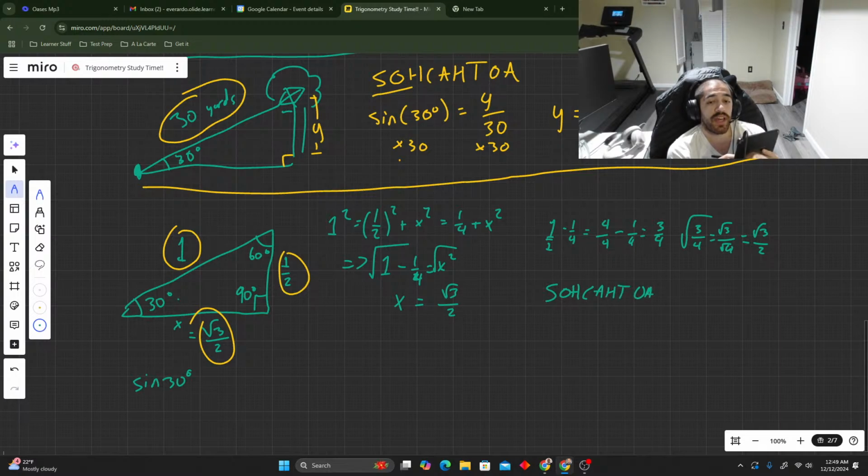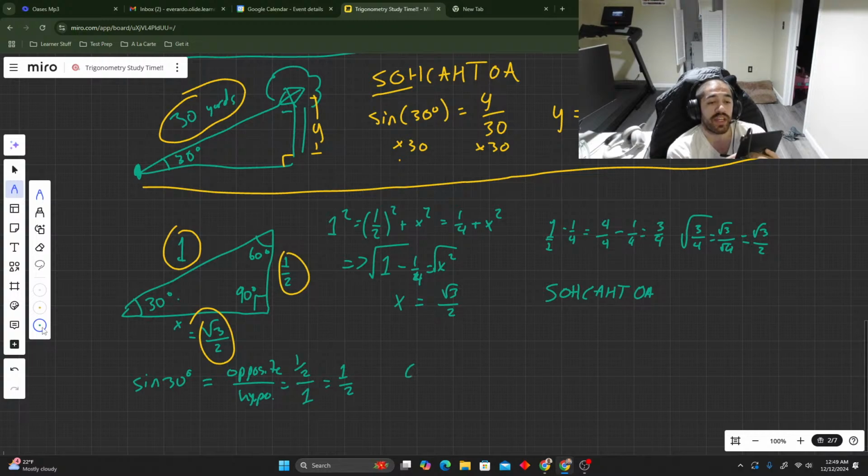SOHCAHTOA: sine is opposite over hypotenuse, cosine is adjacent over hypotenuse, tangent is opposite over adjacent. Opposite over hypotenuse. This is going to be 1/2 over 1. If you divide anything by 1, it's the same thing, so it's 1/2. See, I use that over here in this problem.